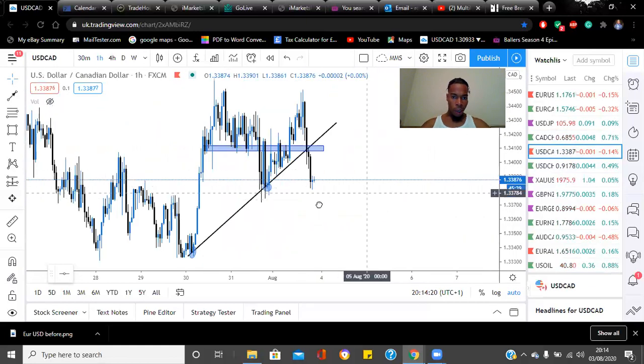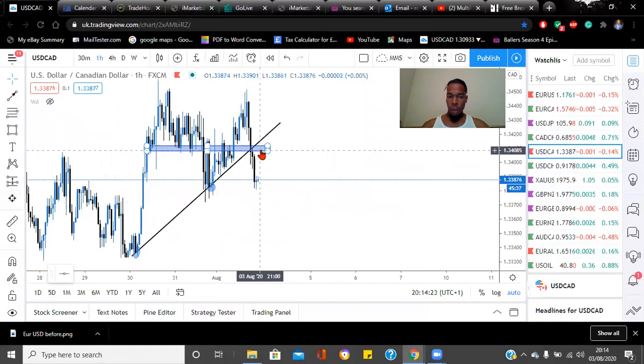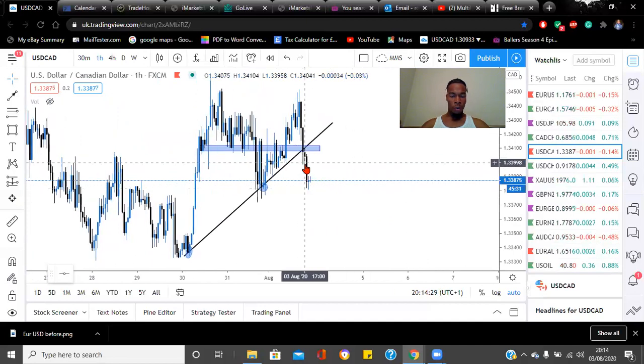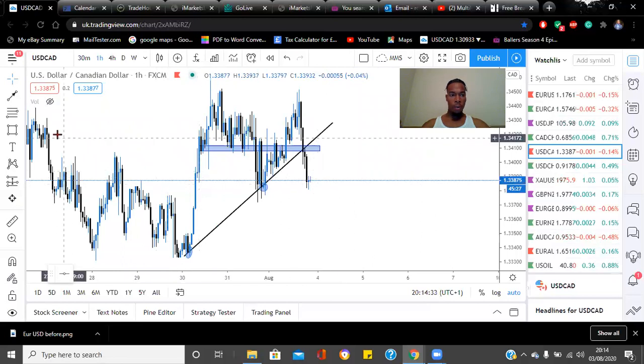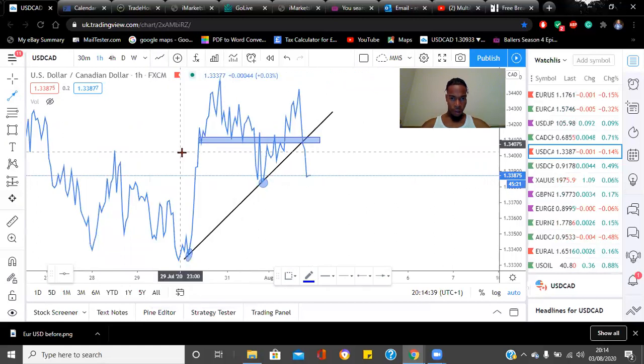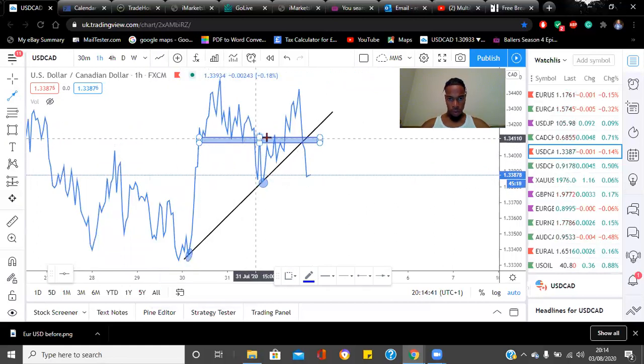All right, so USDCAD. There was no retest, so I wouldn't have got into this one. But right now it's broken the trend. If anyone was to look for a sell, I would say wait for price. So let's just go to line. Okay, support, resistance. This looks like an area of support and resistance.